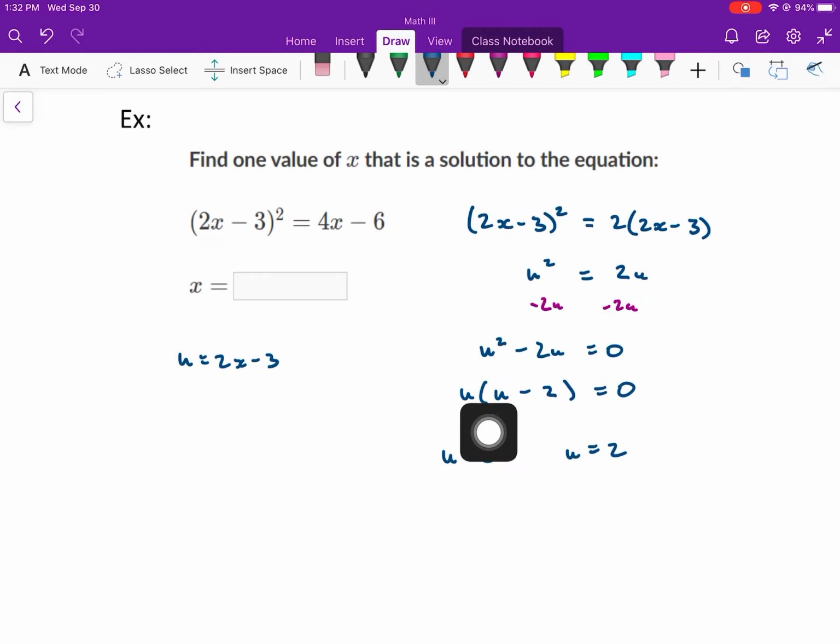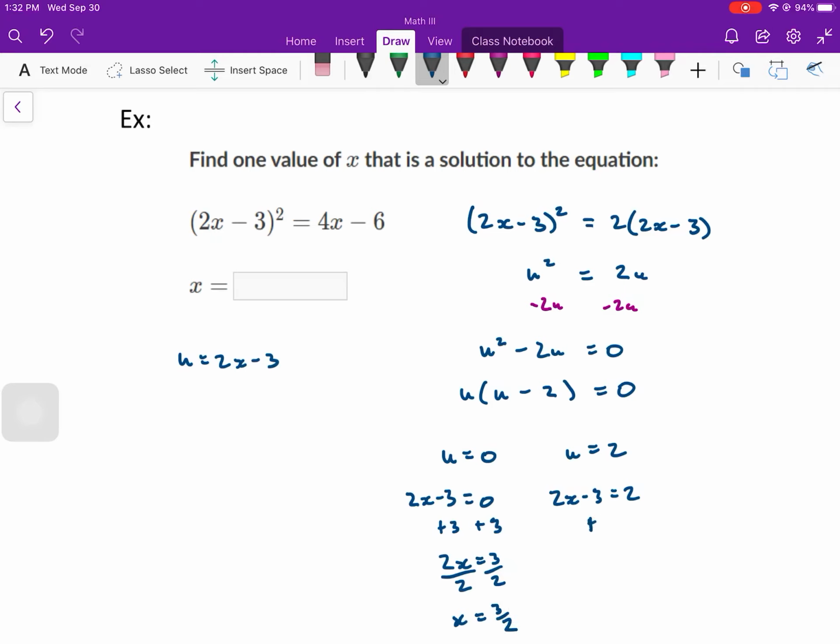Those will be the two zeros, 0 and positive 2. And set 2x minus 3 equal to both of those, and solve both those little equations there.